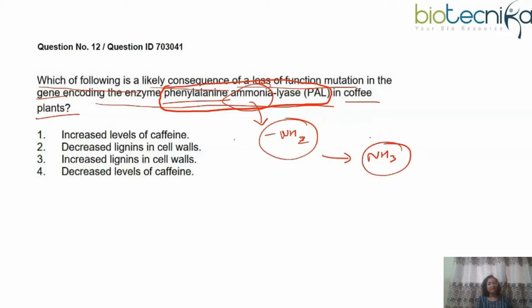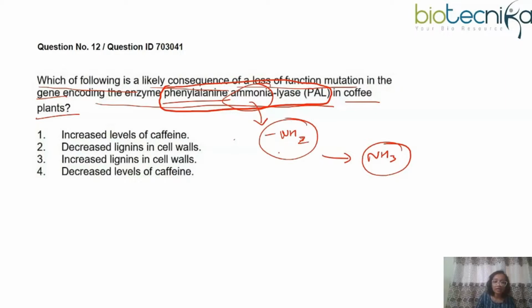From phenylalanine, if the ammonia part is removed, you get an acid. Only the acid part remains, which is the cinnamic acid. So phenylalanine, after being acted upon by phenylalanine ammonia lyase, becomes cinnamic acid, and normally this pathway leads to the formation of lignins. It leads to the formation of lignins.